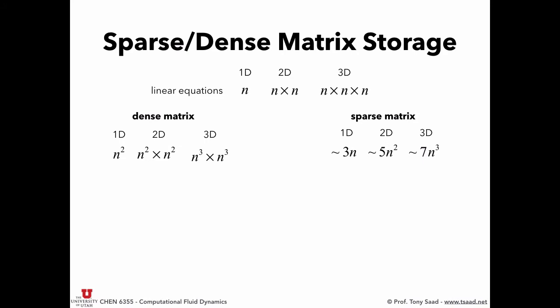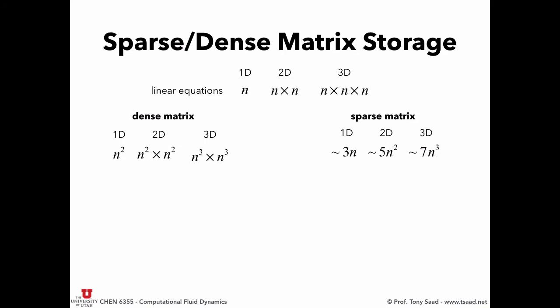For 2D, you have 5 non-zero diagonals because you added east and west coefficients. So that's 5n squared. And for 3D, you have 7n cubed, approximately, give or take a few numbers, because the upper diagonal is n squared minus 1. But this is an upper bound.